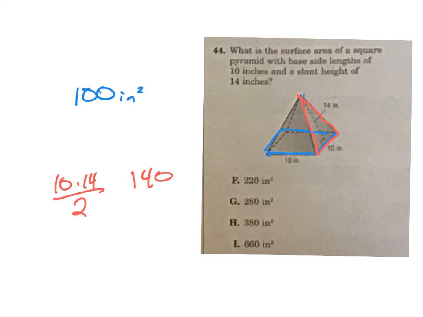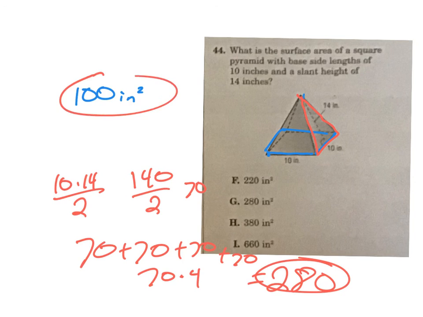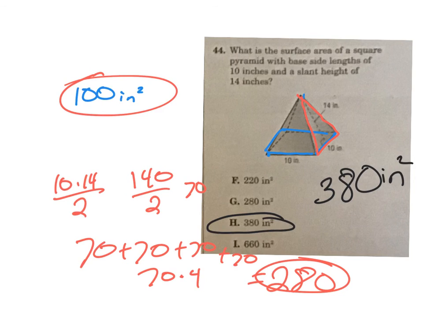And that is 140 divided by 2, and that's 70. And there are 4 of those sides. I could do 70 plus 70 plus 70 plus 70, or I could do 70 times 4, which equals 280. So I put my 280 with my 100, and I get 380 inches squared because it's the area, and that's H.